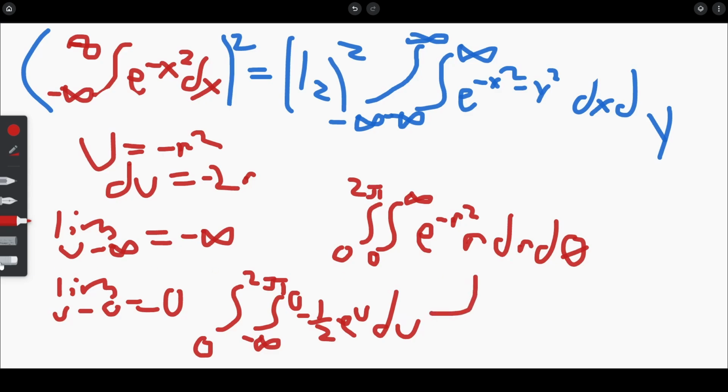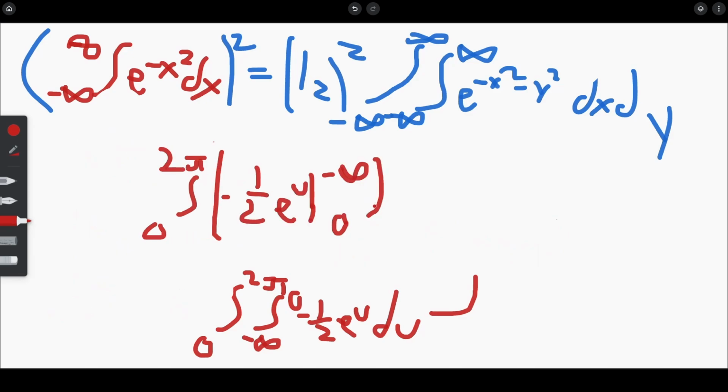I need more room here, so I'll make that happen. Alright, now we just gotta evaluate this integral. So e to minus infinity is 0. E to the 0 is 1. 0 plus 1/2, that's 1/2. Now, we just got 1/2 here, and this is just a constant multiple.